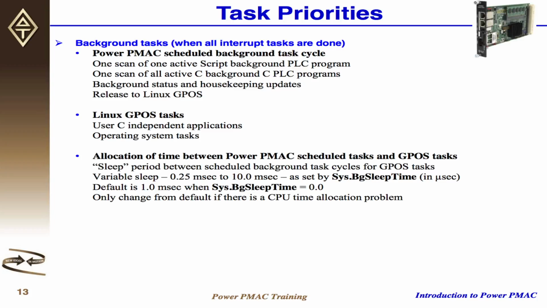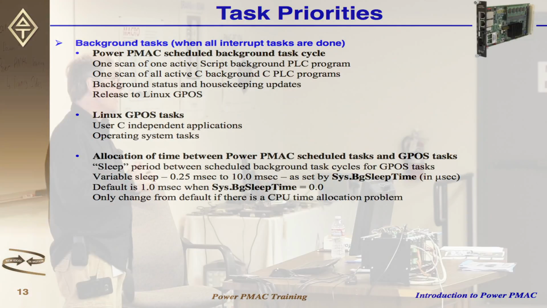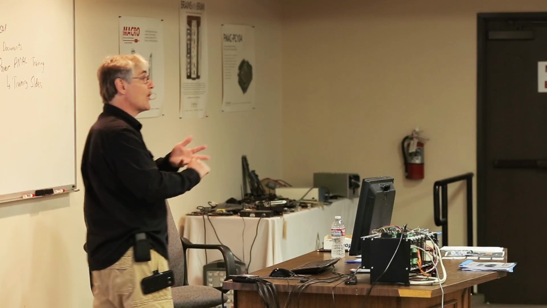Then there's a status and housekeeping that occurs. This is where Pmac periodically checks its memory location, also checks all of the safety features. For example, when it's looking for over travel limits, it's looking for certain types of current limits, certain types of position limits. These are all checked in the background.